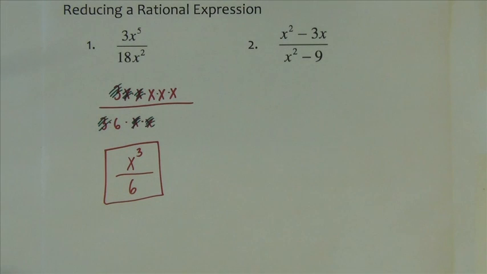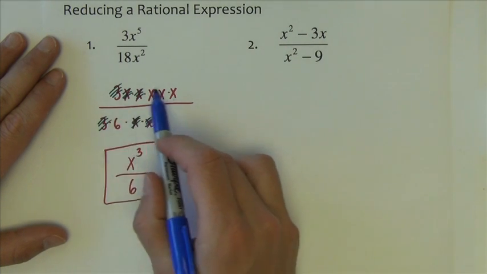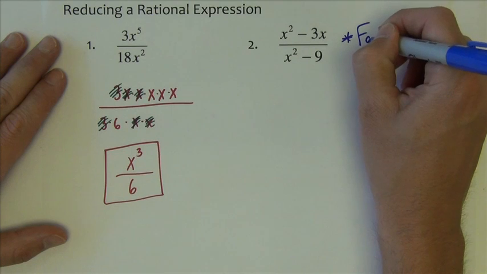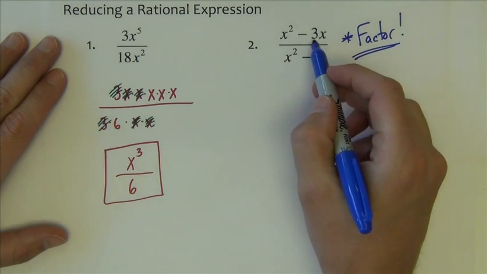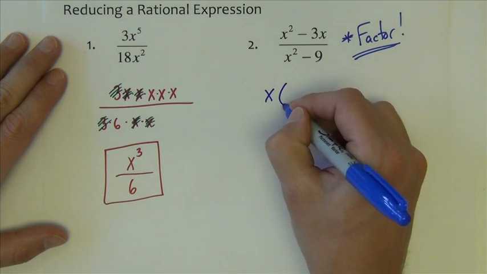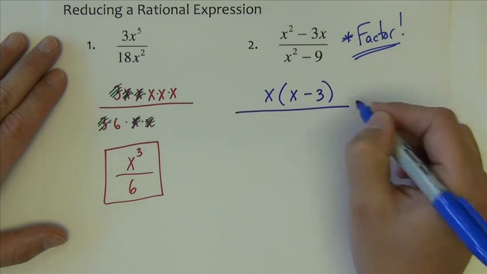Now, if we're looking at a problem as in the second one where you've got plus and minus signs in the numerator and denominator respectively, then we first have to write it as a product, just as we wrote this as a product. The way I write it as a product is to factor. In the numerator, I see a common factor of x. Take an x out, it leaves x minus 3.